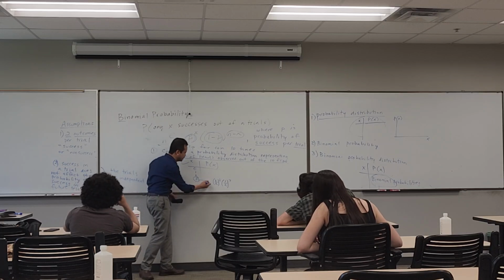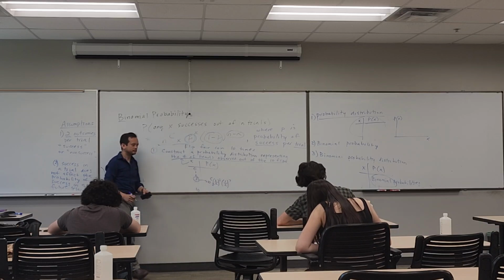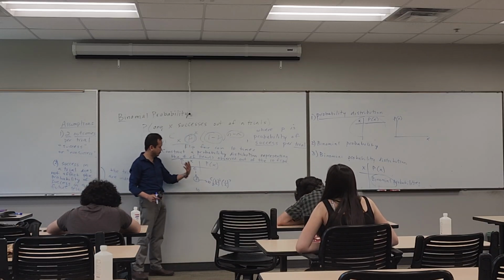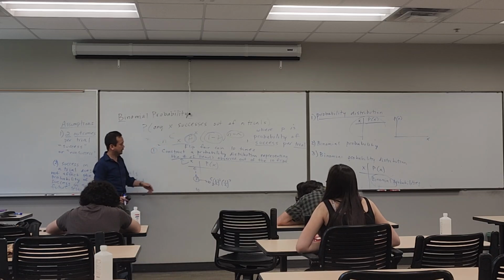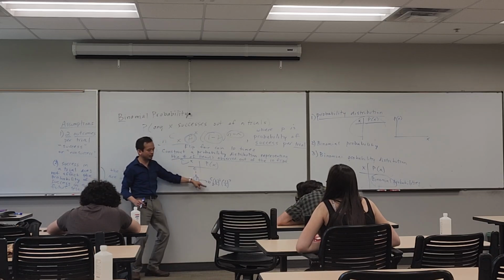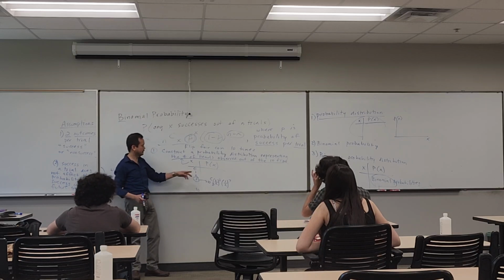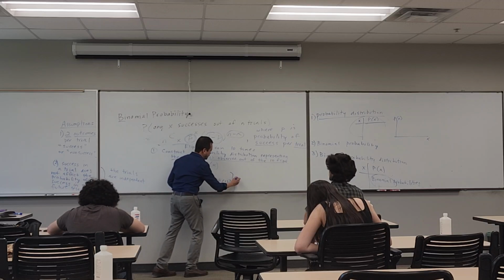So that's going to be 10 choose 3. And this represents the probability of any 3 of the 10 flips being heads. And how would you find the remaining probabilities? Exactly the same way. So all these would then be binomial probabilities.